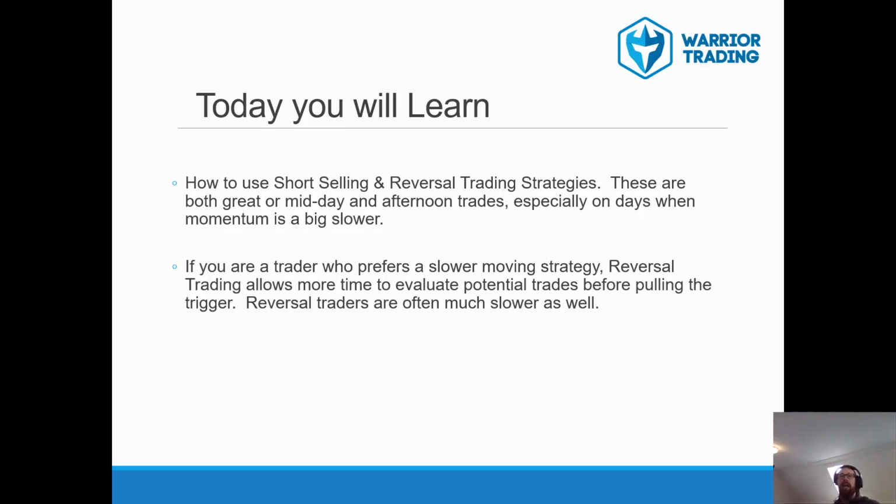And so a stock can continue to be irrationally strong for hours and hours and hours, sometimes even days or weeks. But at some point, we will see a reversal and it will come back down. So this strategy is about showing you how to capitalize on those imbalances when a stock is really extended and is bound to come back.